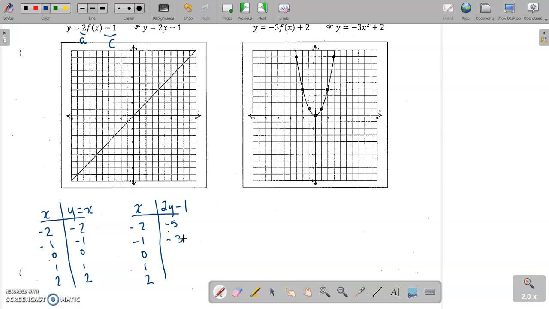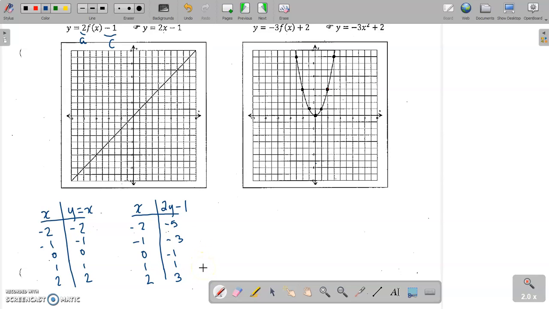And you've got negative 1. And if you're not sure, work these out, right? And then this is 1. 4 minus 1 is 3. And then you would graph these points.